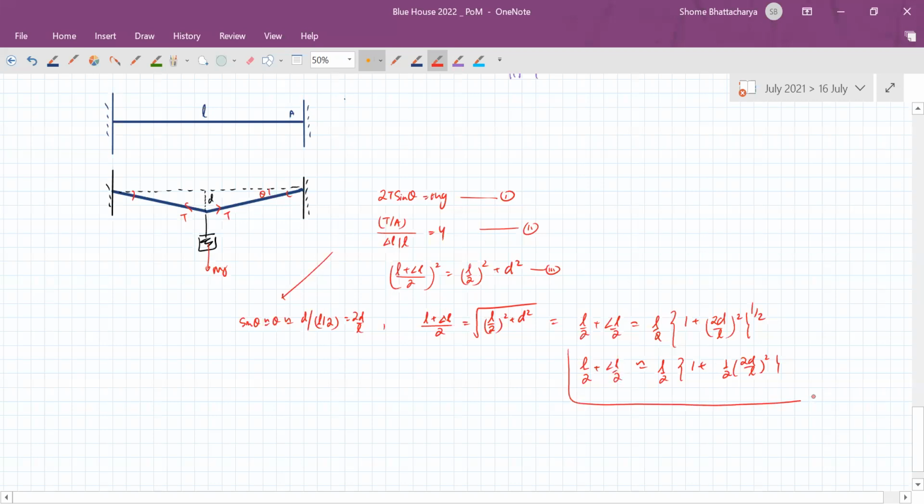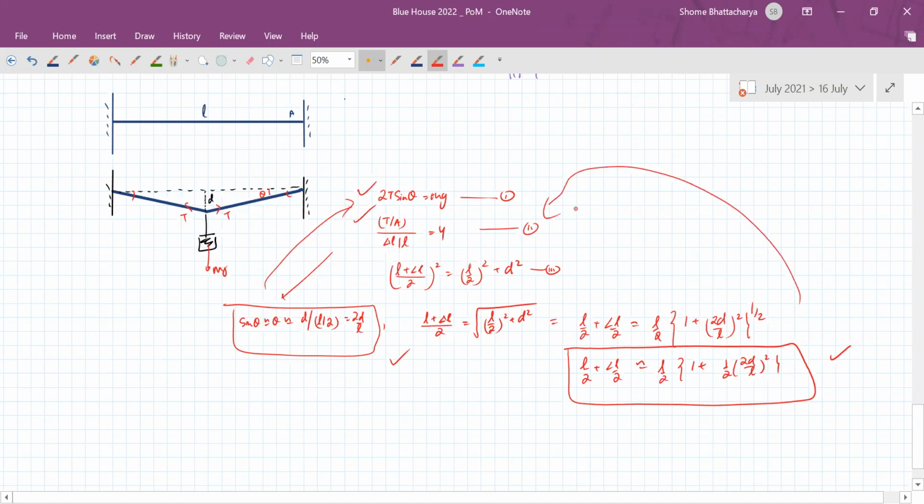So use this equation, and understood now? Yes, sir. Substitute sine theta in equation 1 from here, and substitute delta L from this equation here, and solve these two, you'll get the answer.